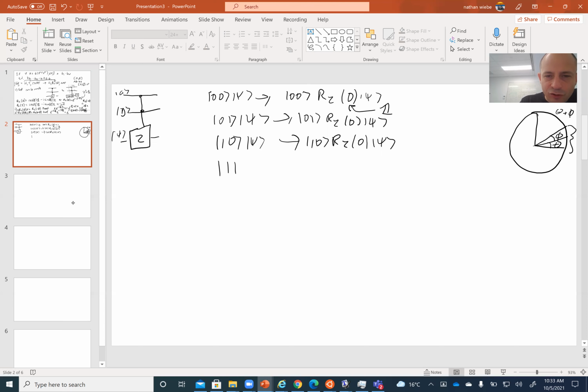The one that actually ends up getting interesting is 1, 1, psi maps us to 1, 1, negative i Z psi.